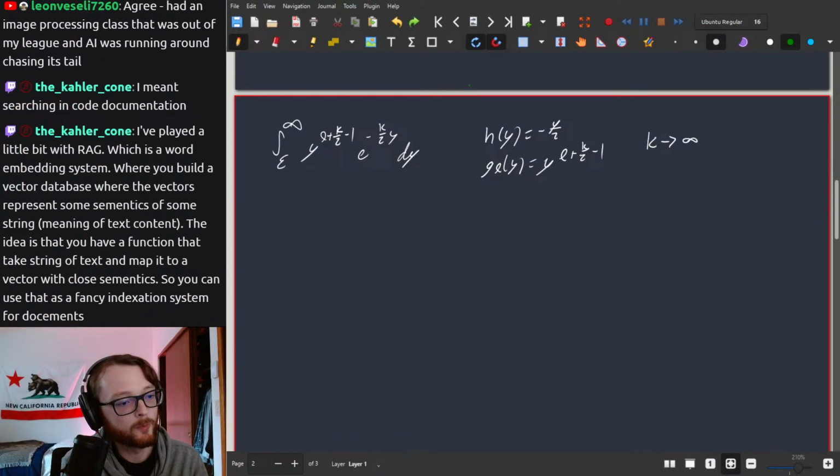A little bit with RAG, which is a word embedding system where you build a vector database where the vector represents some semantics of some string, meaning of the text content. The idea is that you have a function that takes strings of text and maps them to a vector with close semantics. You can use that as a fancy index system for documents.